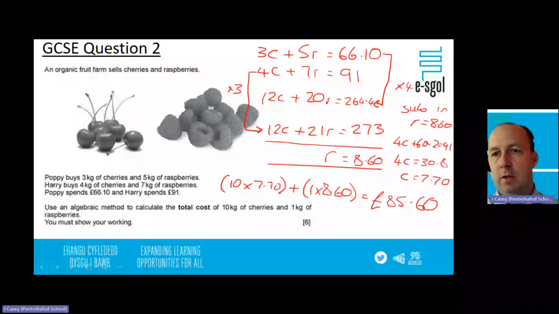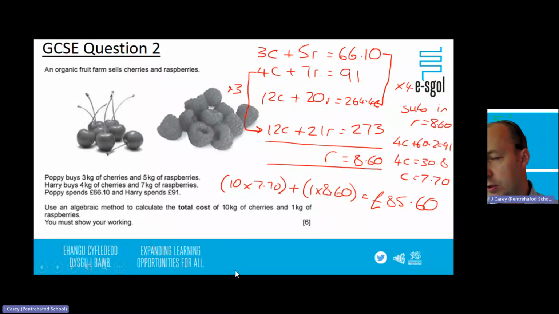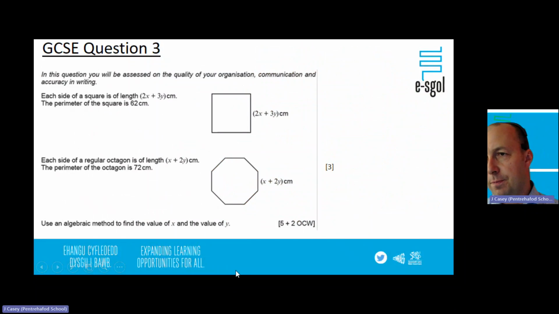Okay, so let's have a look at one more GCSE question. There's a lot going on here, and it's also an OCW question. We have spoken about OCW marks in other videos.